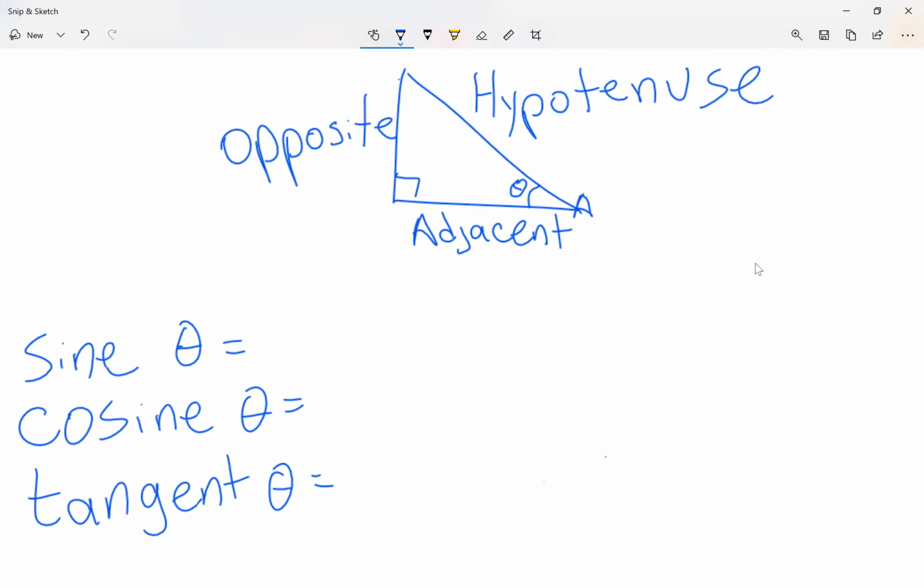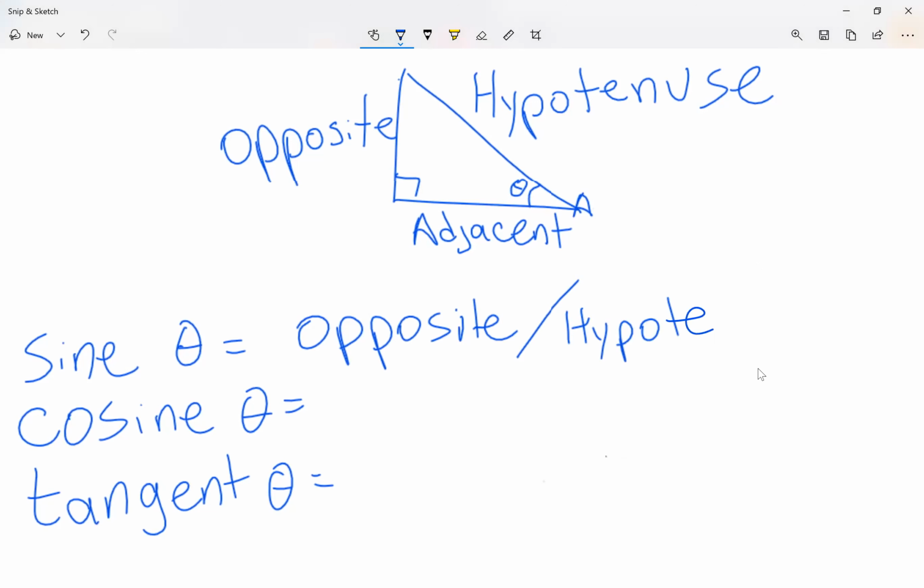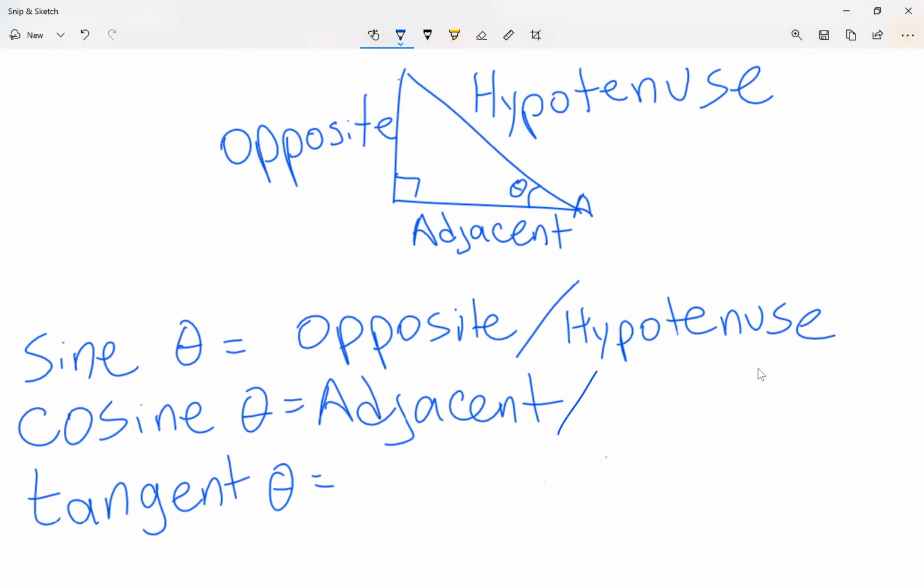Now, sine, the first one, is going to be opposite over, because I'm going to do a fraction. Remember, I said ratio is a fraction. So I'm going to do opposite over hypotenuse. The ratio of cosine is going to be adjacent over hypotenuse.